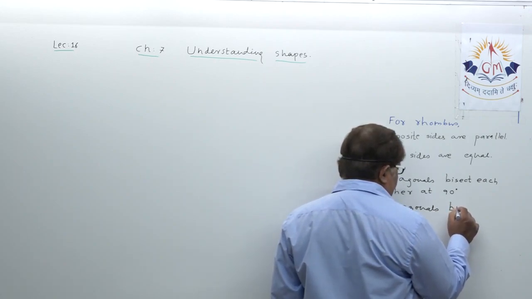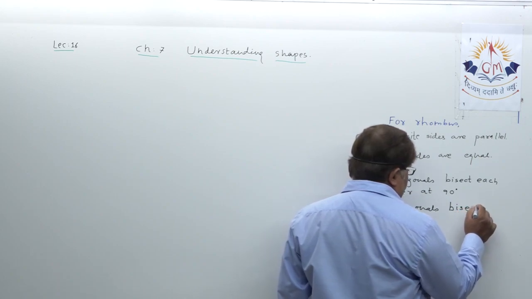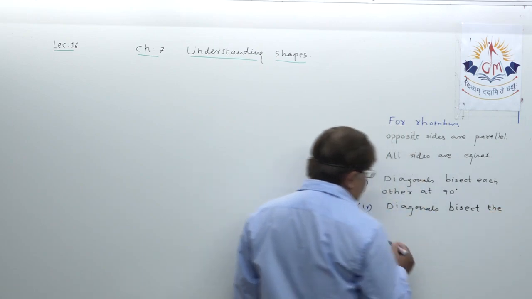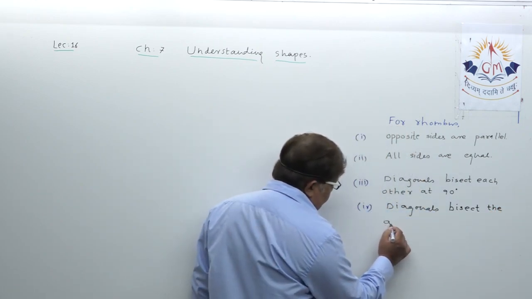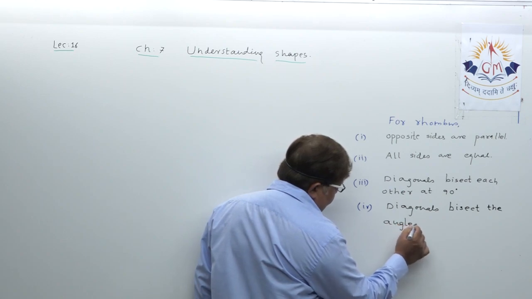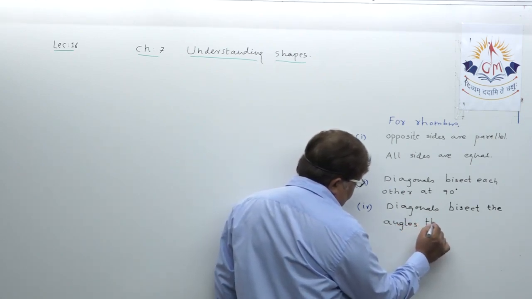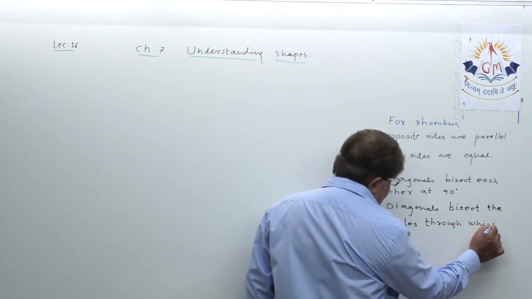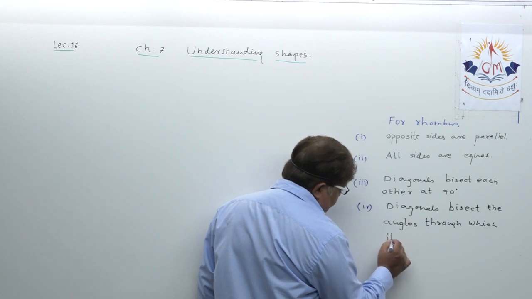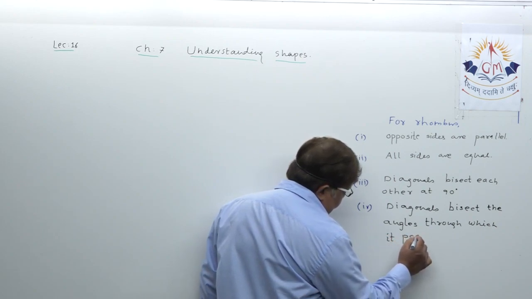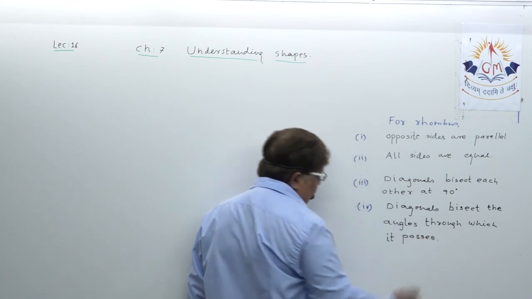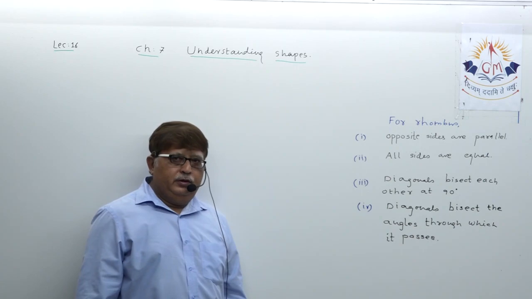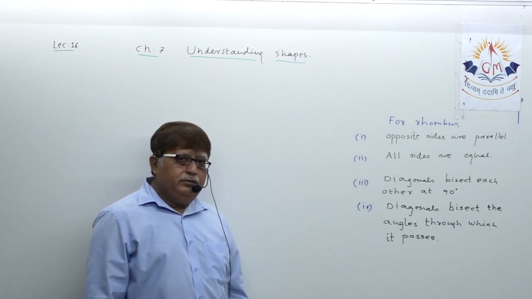Diagonals, if you can remember, bisect the angles through which they pass. You understood this? This is the property which we proved in our lecture number 15 in terms of one theorem.